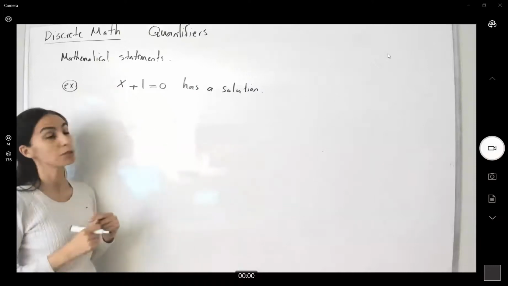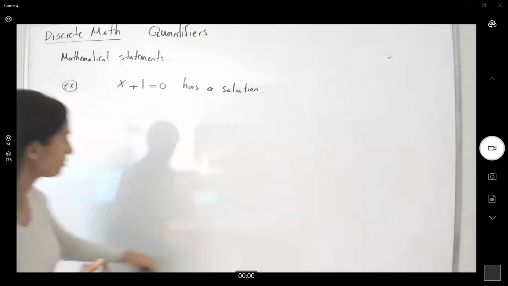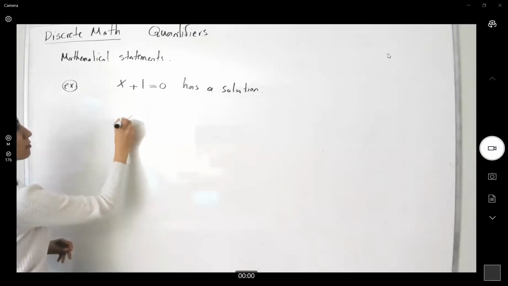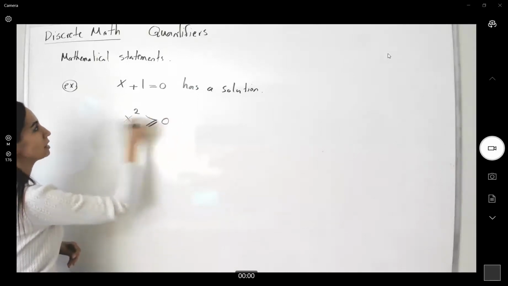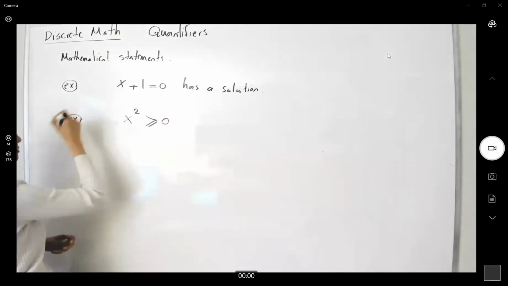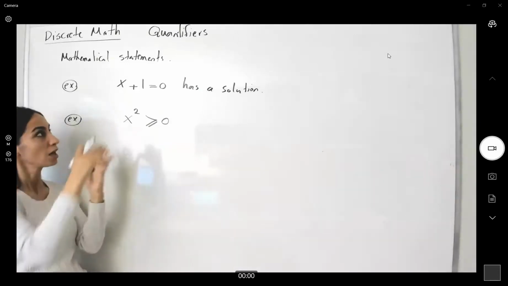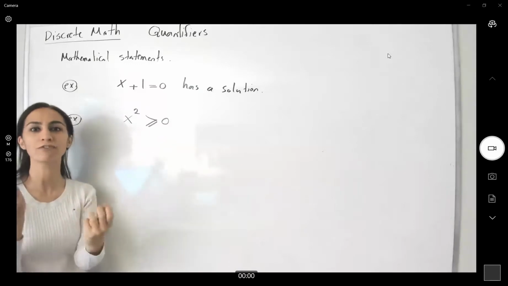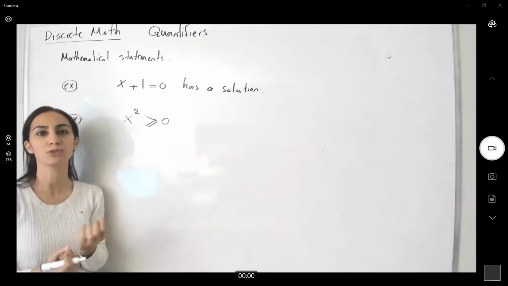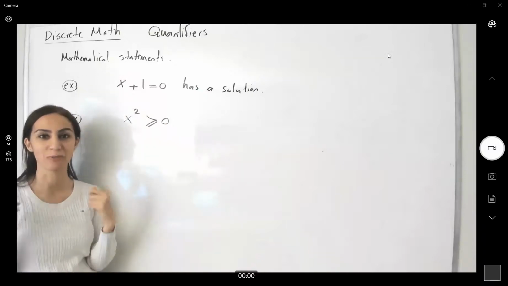What's the difference between this statement and this statement? x squared greater than or equal to 0. So I want you to think about this. I have two statements, and for one of them, I'm allowed to use for all, for any random value.